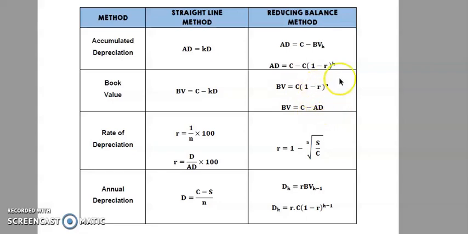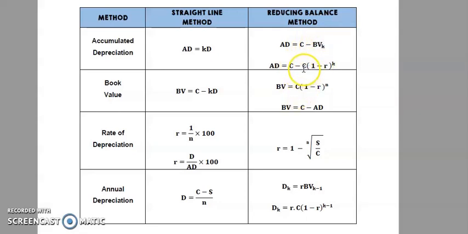Okay, now look at accumulated depreciation. So accumulated depreciation equals cost minus book value. K here refers to that particular year. If we expand this formula, we can write AD equals cost, so C, minus book value. What is the formula for book value?